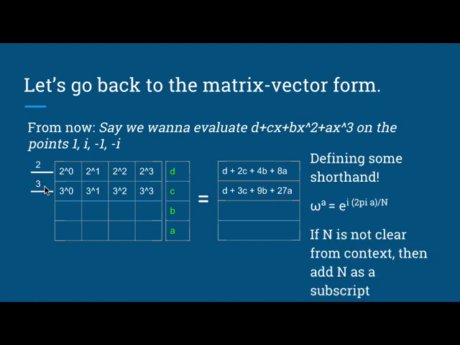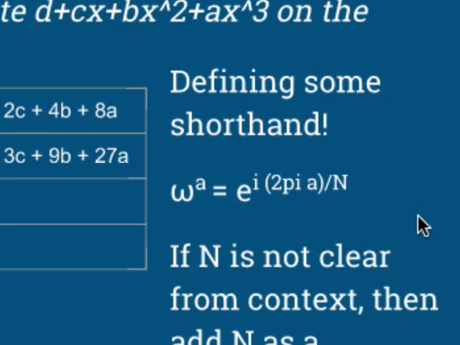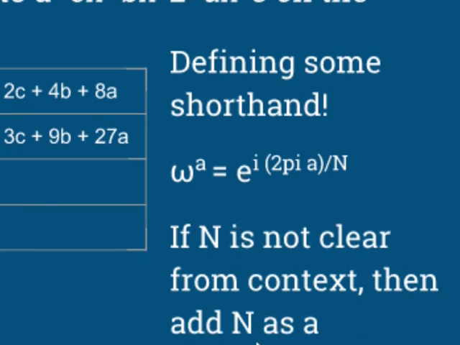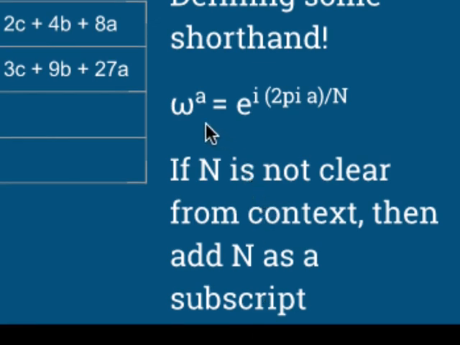Now, let's define some shorthand. This is some useful shorthand. Omega to the power a is going to be defined as e to the power i 2 pi a over n. Make sense? So this is the nth roots of unity thing. Earlier you saw this on the slide with a as k. Now we're defining it with a. And there's this other thing. In this case, how do you know what n is? Which root of unity are you talking about?